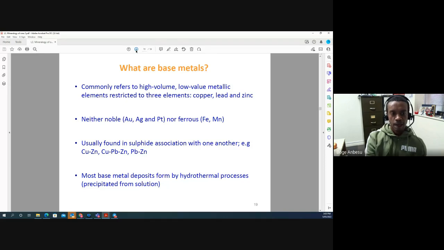And usually when you find a copper deposit, you will tend to find lead with it, and you tend to find zinc with it as well. Okay, so in this case, maybe when you look at the typical deposit, you might be looking at someone extracting copper and zinc at the same time, because usually they occur together.